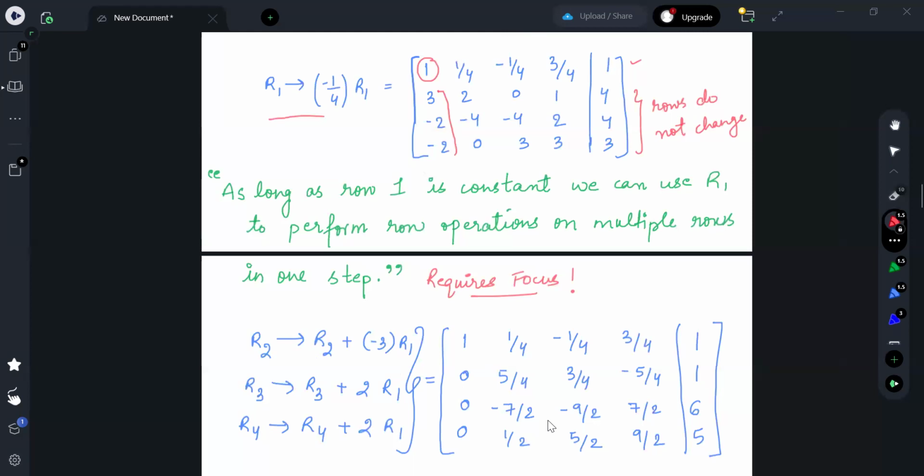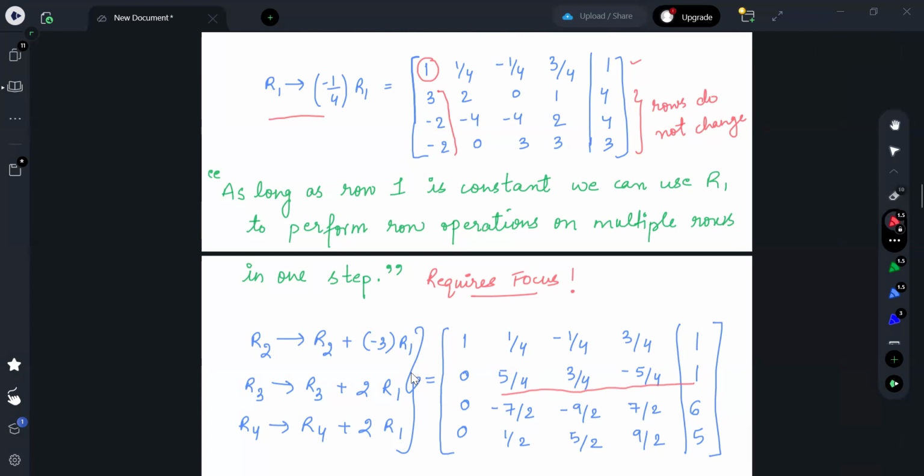Now, the whole row will change. You will add -3 times 1 by 4 to this entry. So every entry in each row changes. Now, do this calculation on your own and verify if you have the same answer.